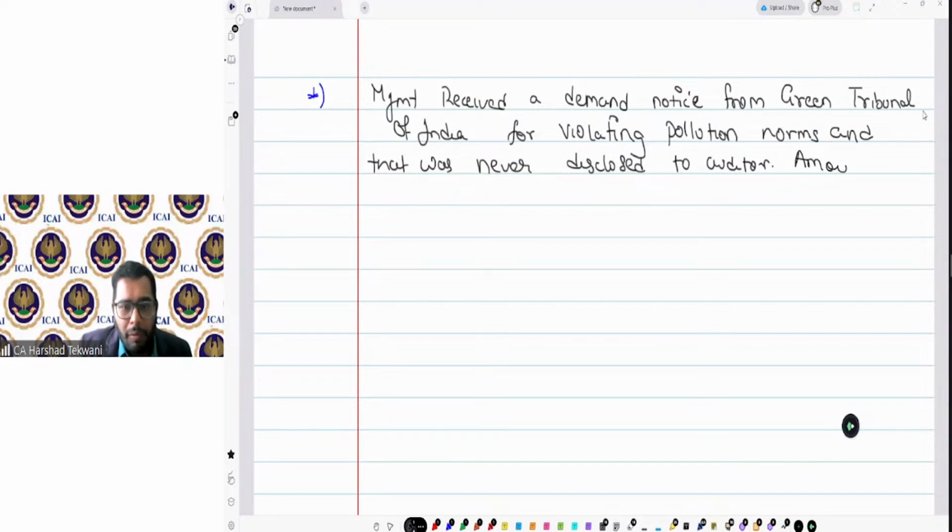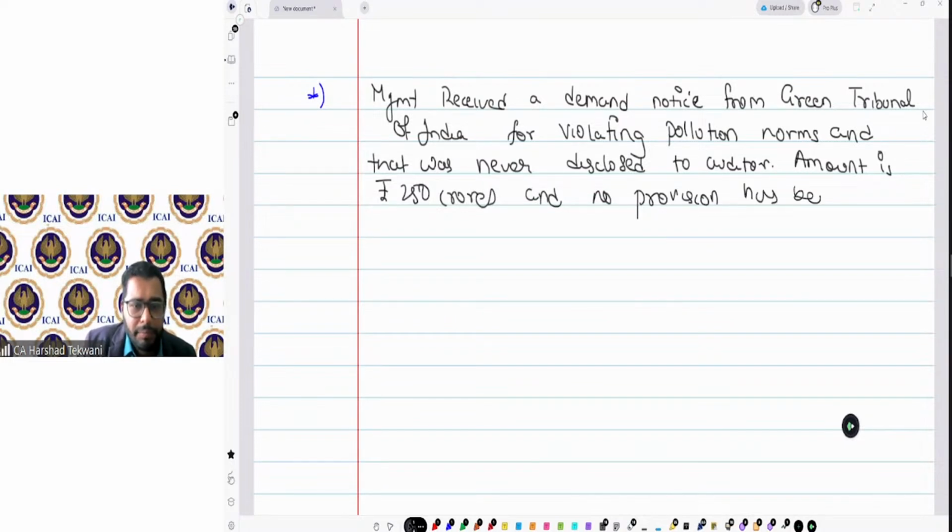The amount is rupees 250 crores, and no provision has been made in the books.